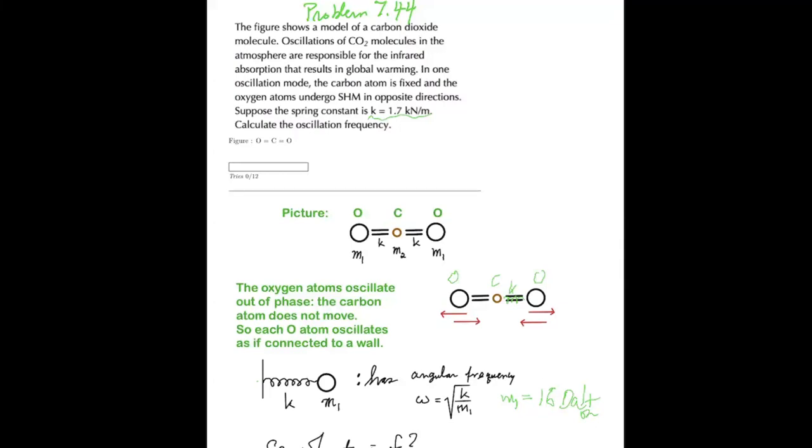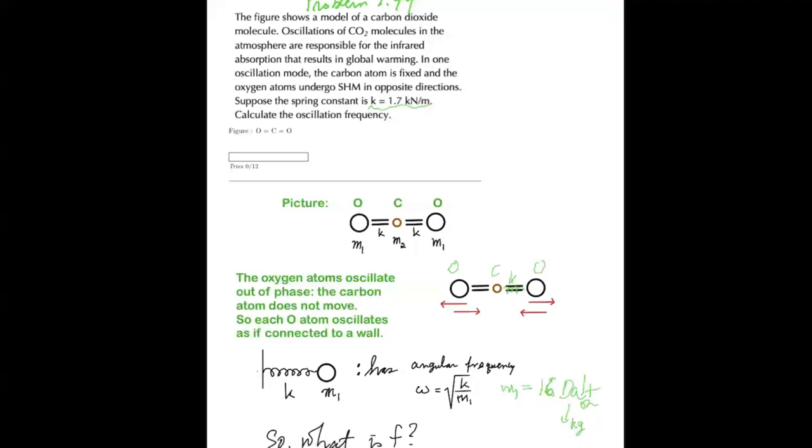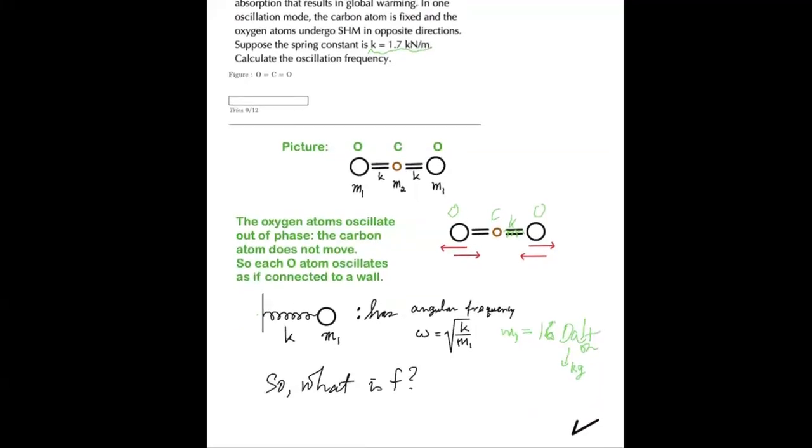You can look that up in the book or on Google. So you put in K, you put in 16, you put in the conversion of Dalton to kilograms. You have to convert this into standard units, which would be kilograms for a mass. And then you get omega, the square root of K over M.